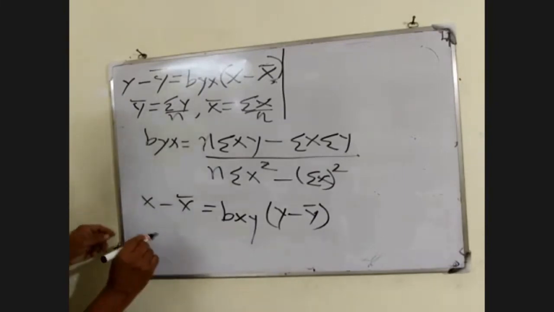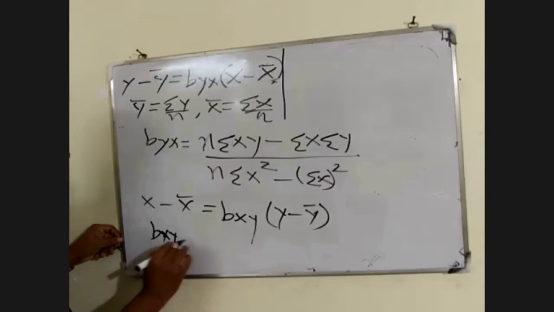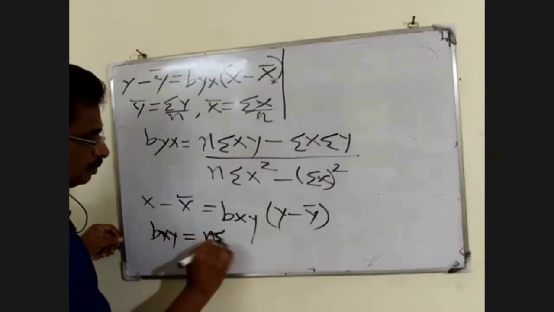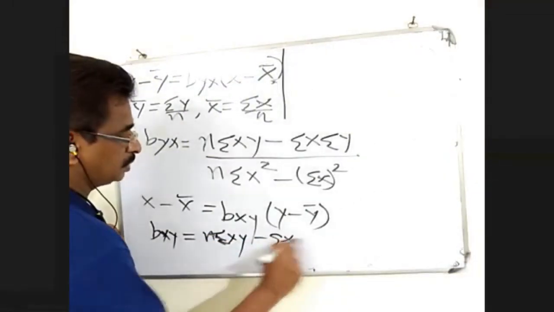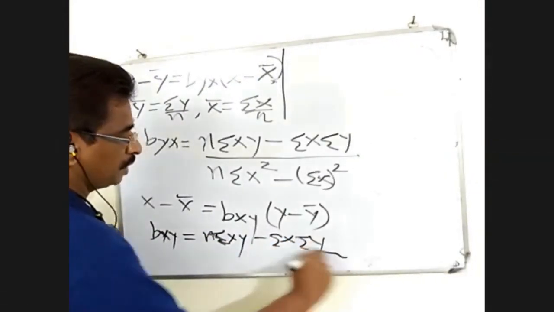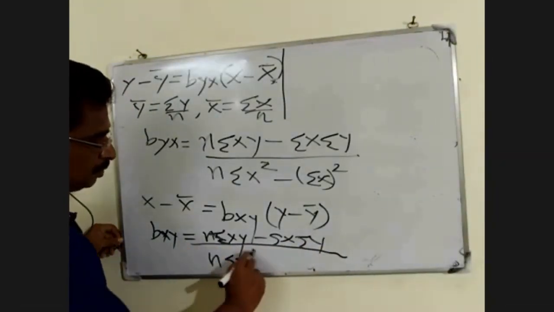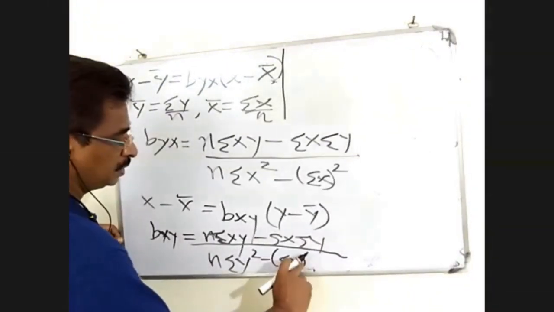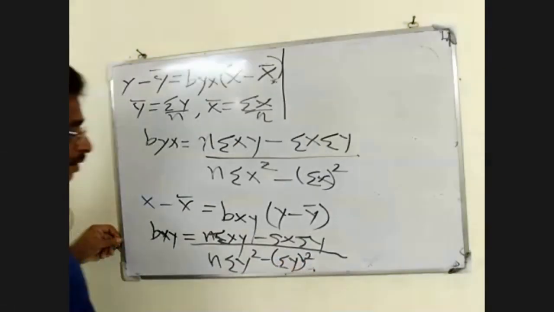Here byx becomes bxy, where bxy is equal to: the numerator is the same, there is no change, n sigma xy minus sigma x into sigma y, but the denominator will change. It becomes n sigma y squared minus sigma y, the whole squared.